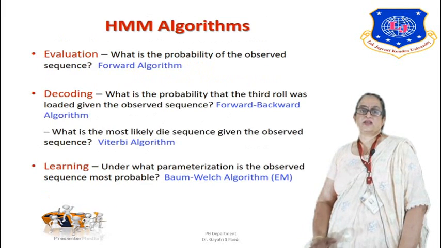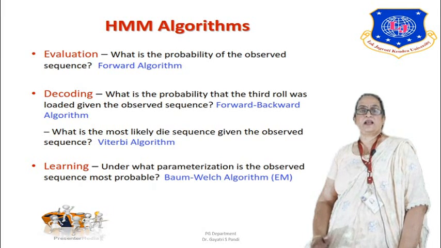And you have various HMM algorithms for evaluation, for decoding and for learning. For evaluation, it is: what is the probability of the observed sequence? For that we use the forward algorithm. For decoding, it is: what is the probability that the third roll was a particular die given the observed sequence? For that you use the forward-backward algorithm.